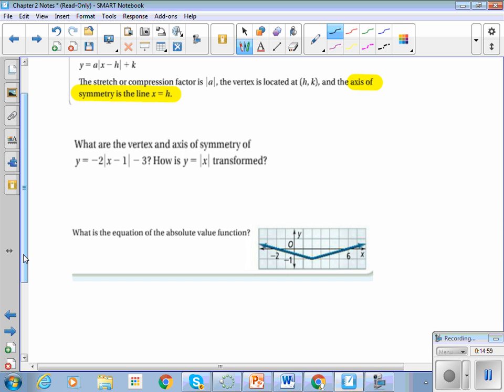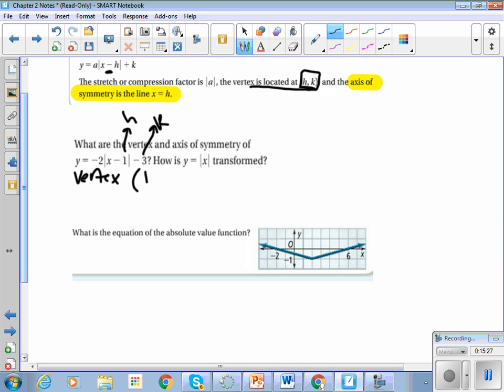So my vertex is located at h, k. So this guy is my h, this guy is my k. So our vertex is at, and if you look, it's already minus in the equation, so it's x minus h. So if I already have a minus here, my h is positive.